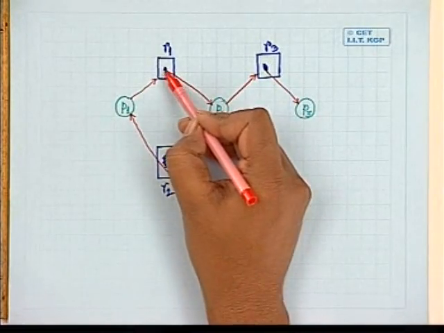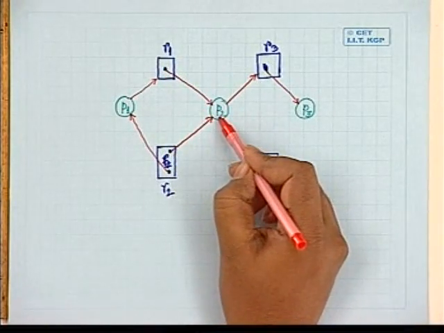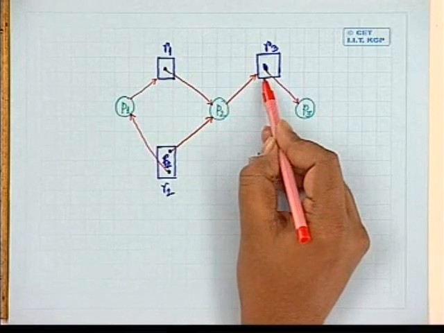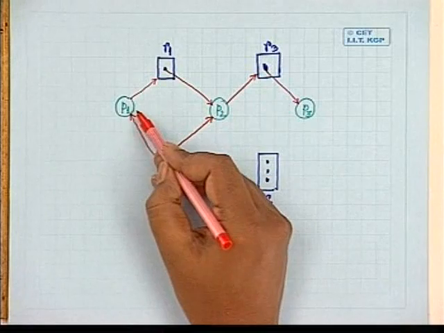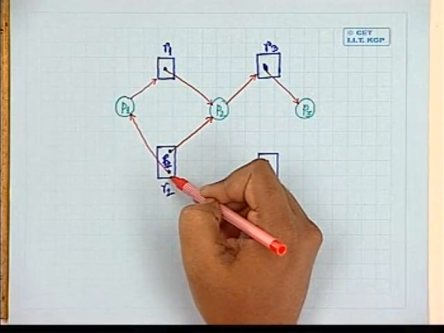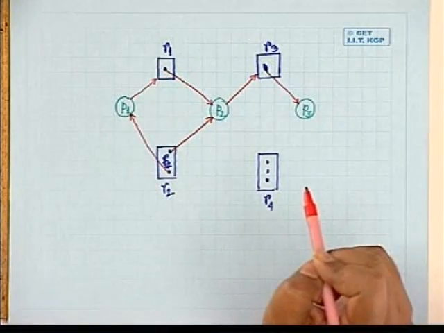P2 is holding an instance of resource type R1, an instance of resource type R2, and it is waiting for an instance of resource type R3.